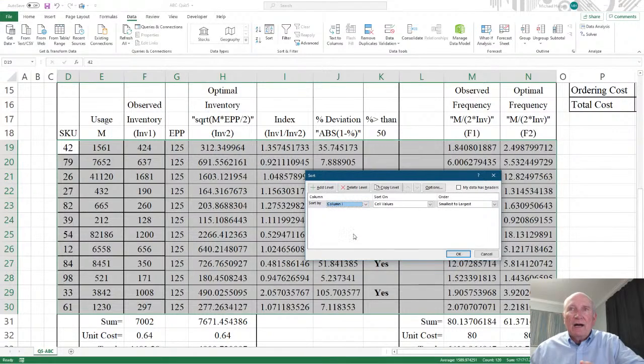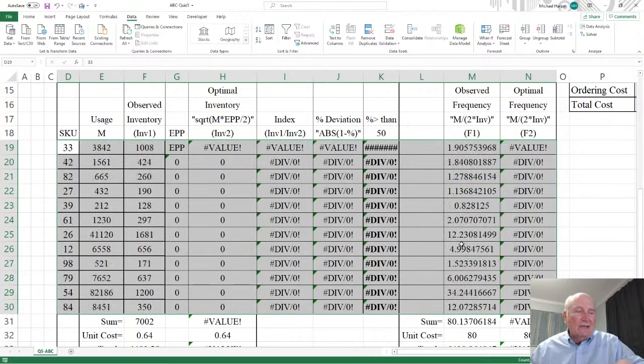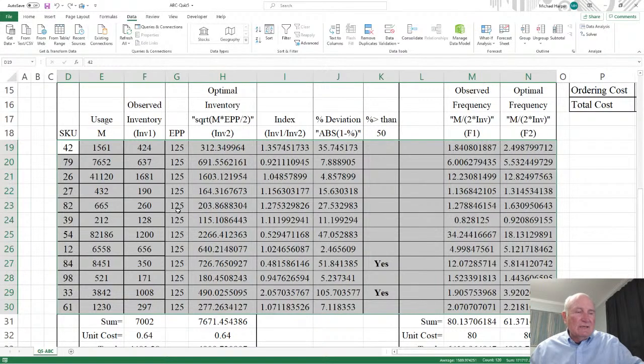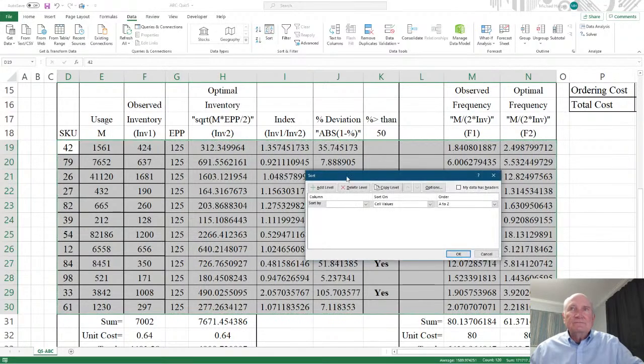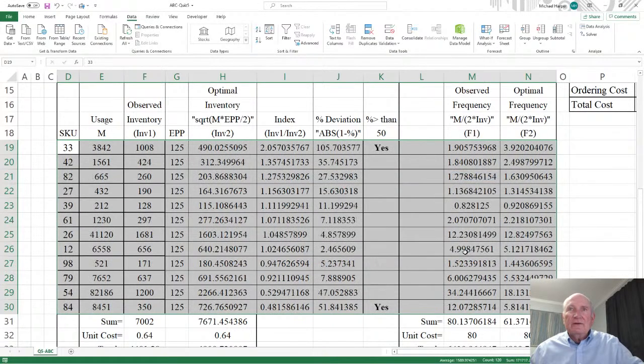So it's going to be column I, from largest to smallest. Sort those things. I need to copy this and then paste it as values. And now I can sort it. Largest to smallest, and there it is.